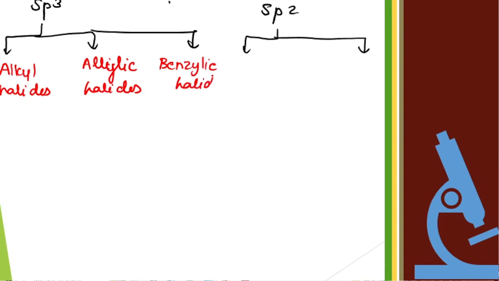I told you sp2 is divided into two: one is vinylic halide, another one is aryl halide. We are going to read about this alkyl halide and this aryl halide in detail in this lesson.